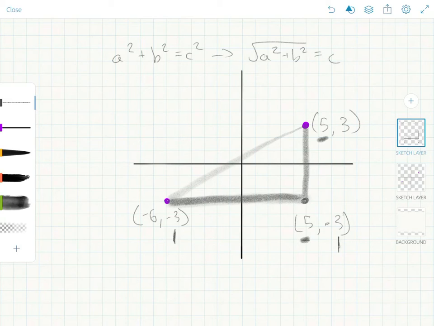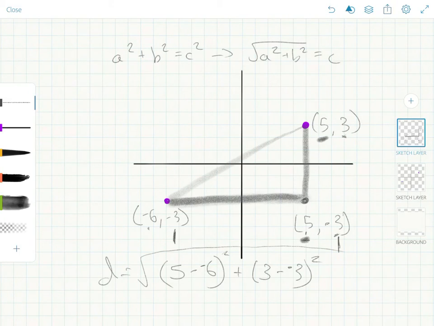We could count to get 11, but we could also do 5 minus -6. So that's the difference in the x values. And we could add on 3 minus -3. And then we're going to square both of those and take the square root in order to find the distance.